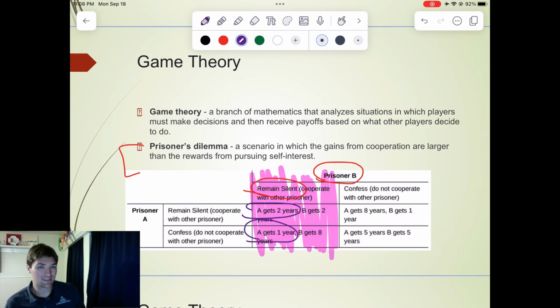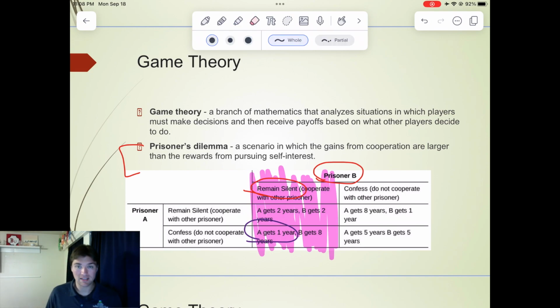Looking at these options, what is better for A? 2 years in prison or 1 year in prison? And the answer is 1 year in prison. If B remains silent, it is better for A to confess.